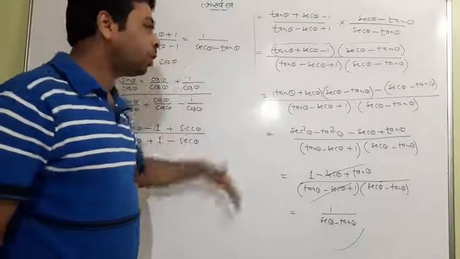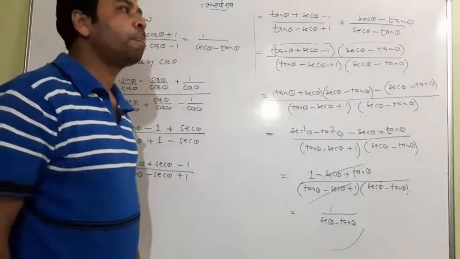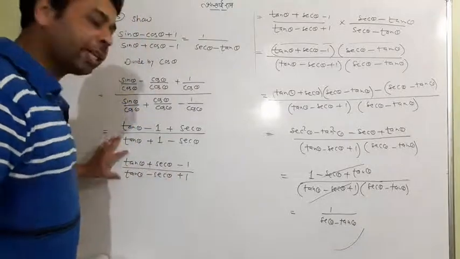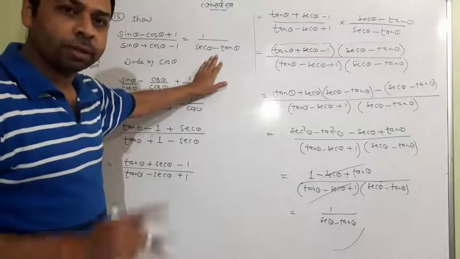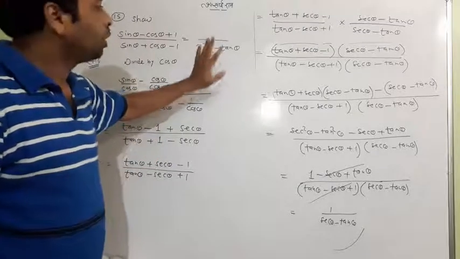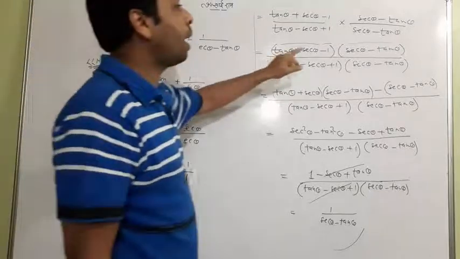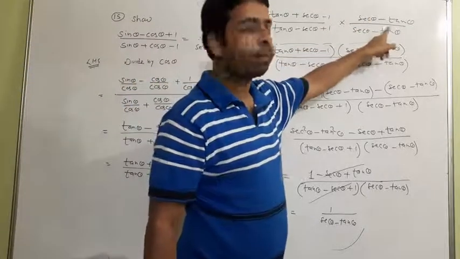It seems actually tough, but if you go with the trick, what is the trick? The question must be changed in second 10, because the question is in second 10, first thing. And second, you need sec theta minus tan theta in the denominator side, so you have to multiply and divide by the same term.